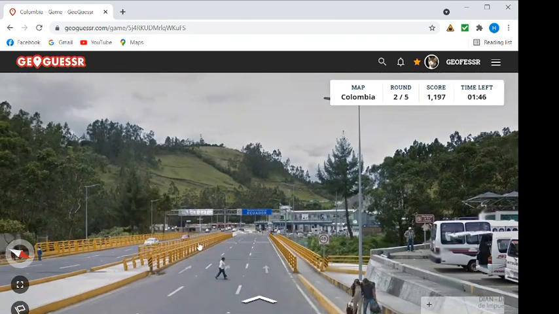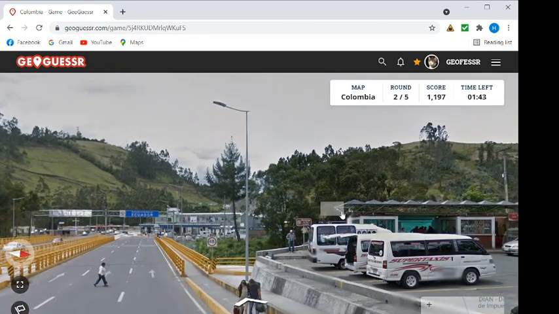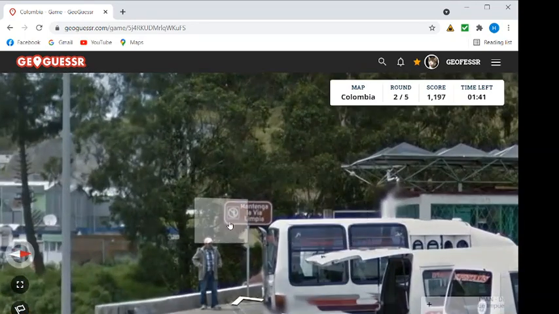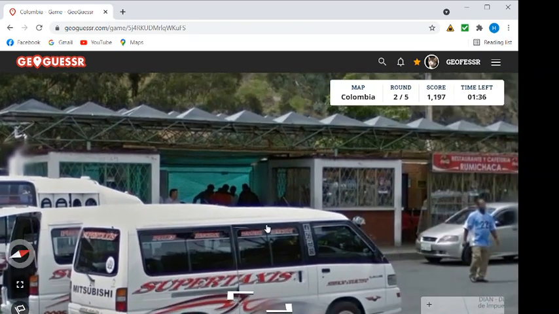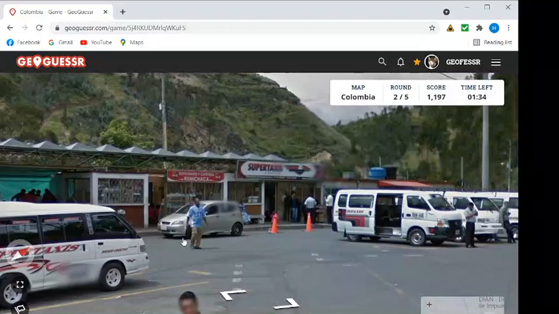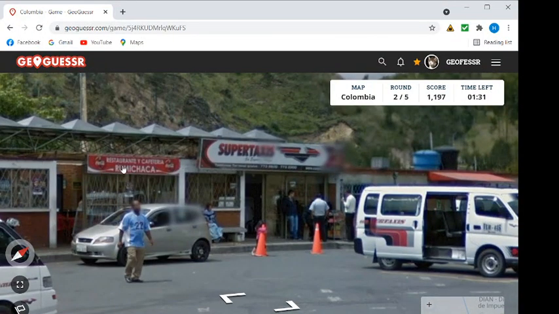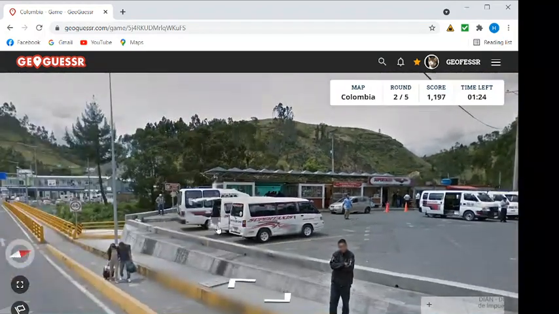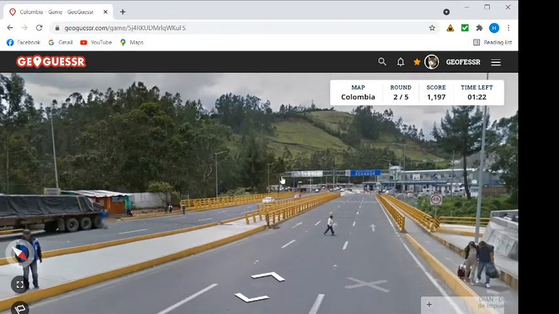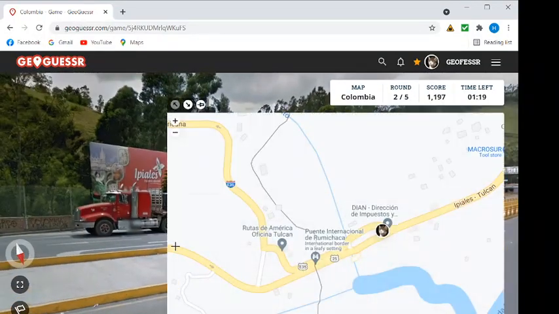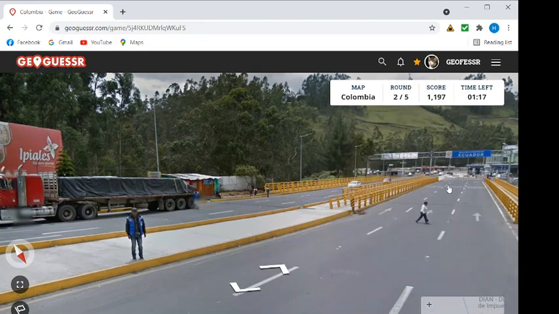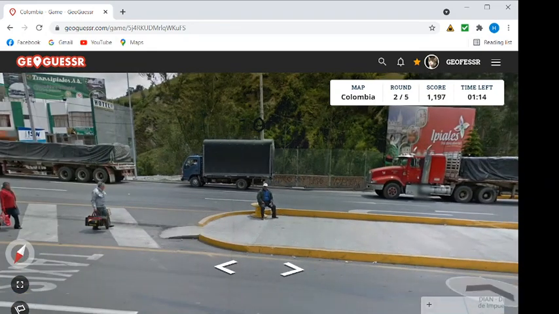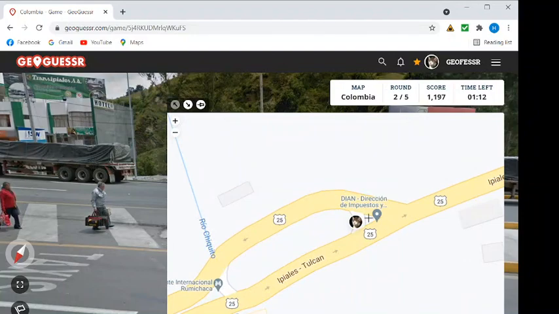That's at the point where you might be able to drive a main battle tank across it. Let's see, mantenga la vía limpia, keep the road clean. Super taxis. Okay. Yeah, Rumichaca, that's the Puente Internacional de Rumichaca. So this is where it is. And so now I can bloviate for a minute and 21 seconds now that I have the location picked out. Oh, the traffic island is actually on the map, right?